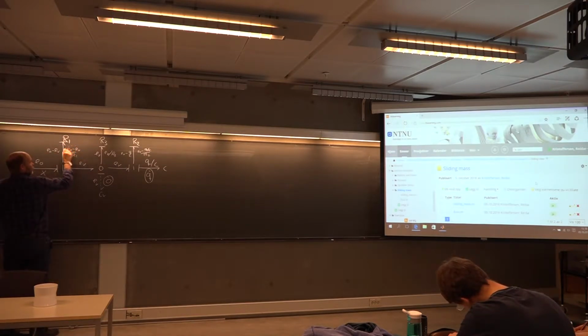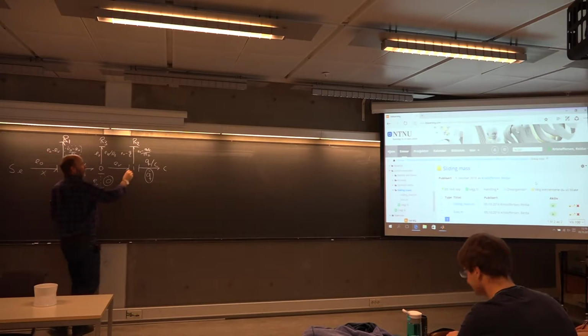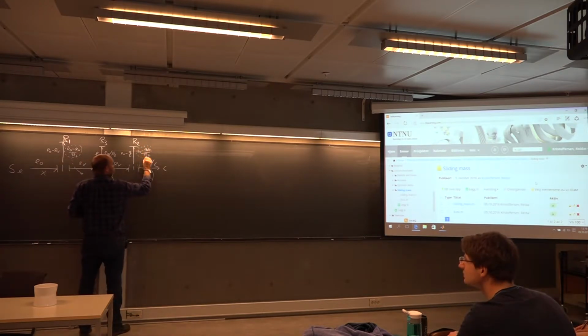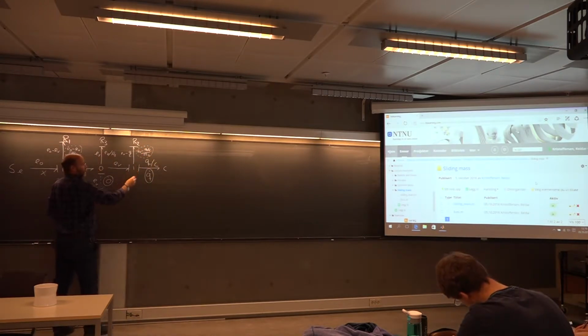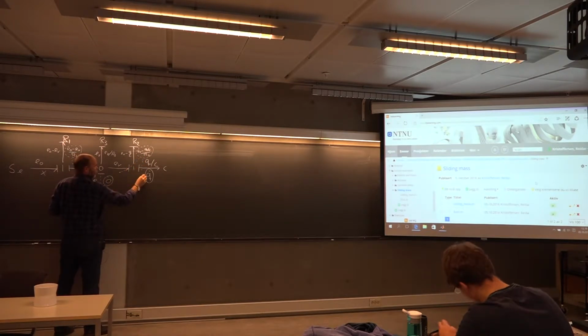This flow we will find here as well, even here if you like. And this flow, that's the common flow for this one junction. You will find it here, and you find it here.